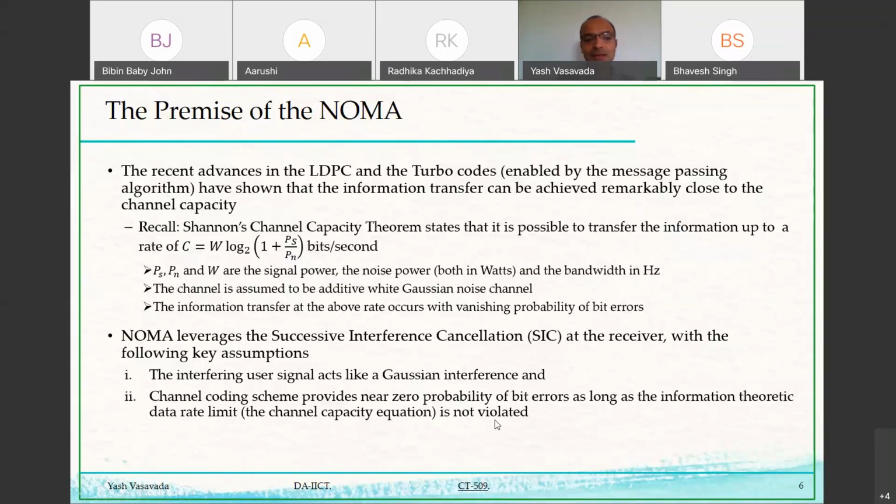There is one additional caveat: for this channel capacity bound to hold, the noise and the interference have to be assumed to be Gaussian distributed. The noise is fine. We can assume that noise is Gaussian distributed. Interference, whether it is Gaussian distributed or not, is a question mark. Especially if we are considering only 2 users, maybe we cannot always assume that the interference is Gaussian distributed. If the users are using, for example, QPSK modulation, I don't know whether a QPSK modulated signal has a Gaussian PDF.